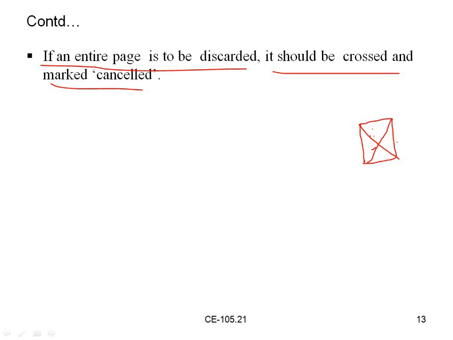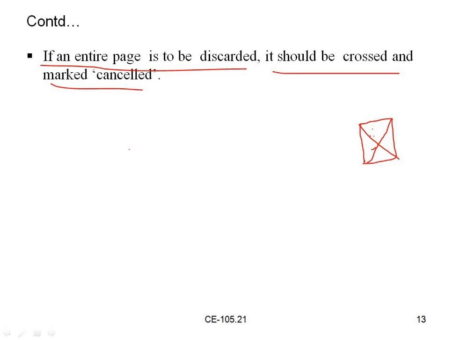If an entire page is to be discarded, it should be crossed and marked as cancelled. So this is the entire page. If a mistake has happened, we have to discard it as it is written like this. We have to draw the cross symbol so that this page is cancelled, but it should not be torn, because the field book numbers are very important.